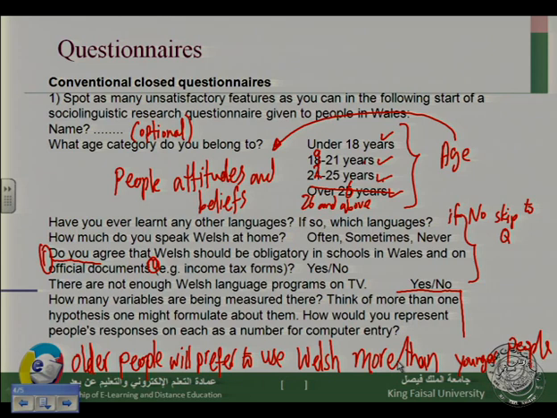So these are called non-linguistic information. And then we start the language information or linguistic information. Still, we have some problems. We have some leading questions, some double questions, sometimes some unanswered questions. We don't have an answer to your question. So you need to keep all of these in your mind in using questionnaires.